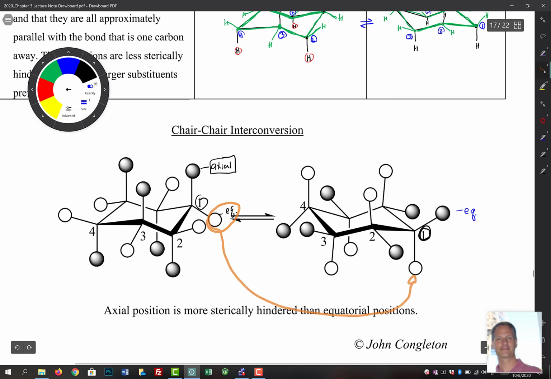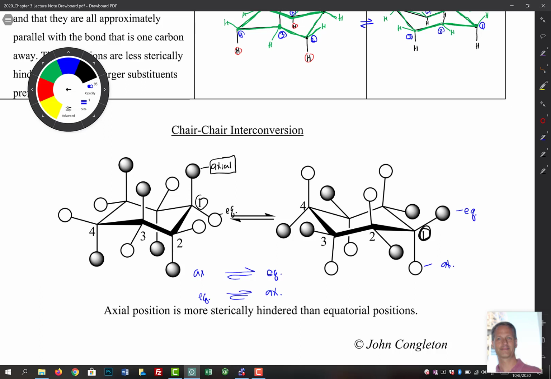So that becomes axial. So as we do this, all of our axials become equatorial, and all of our equatorial become axial.